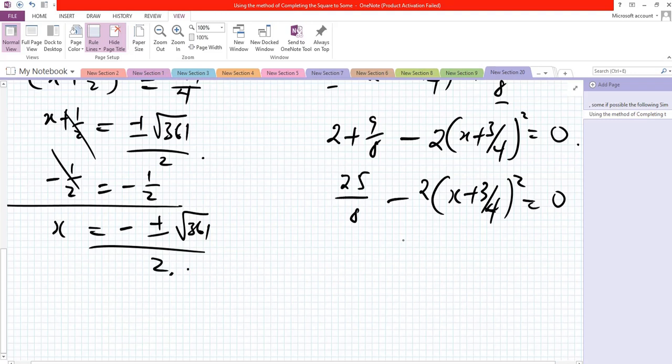Now this will now be adding 2 times x plus 3 over 4 all squared to both sides.